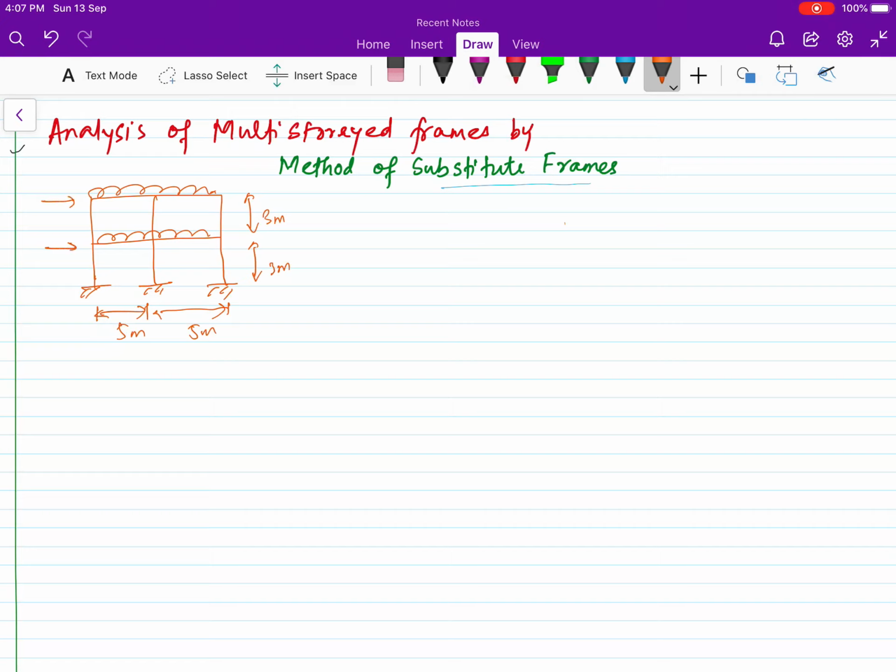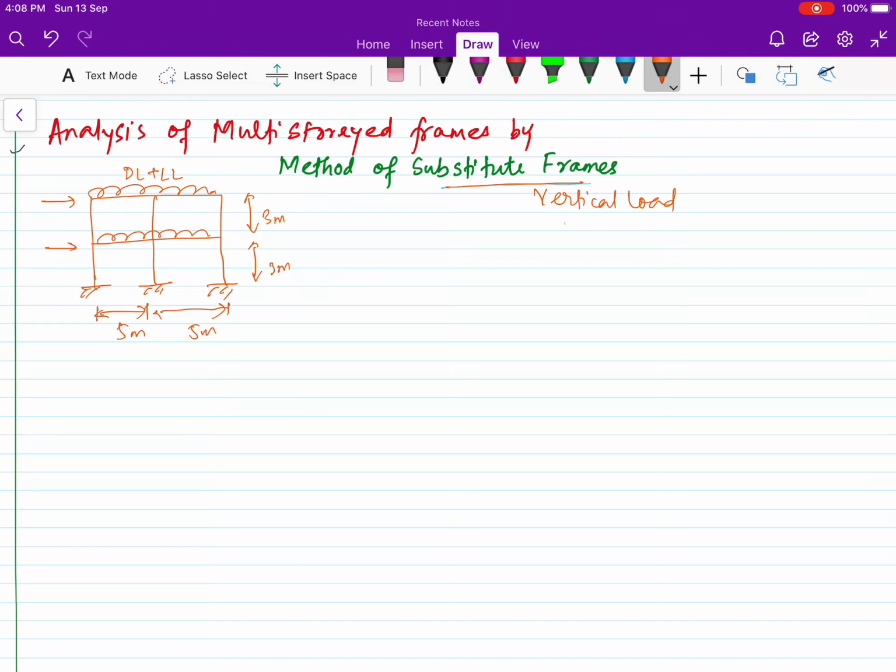So this was the earthquake load we have calculated, and the dead load plus live load coming to this beam. In this video we are going to analyze the structure. This is part 2, where we'll be using the method of substitute frames to analyze this frame building, but this method is only for vertical load.